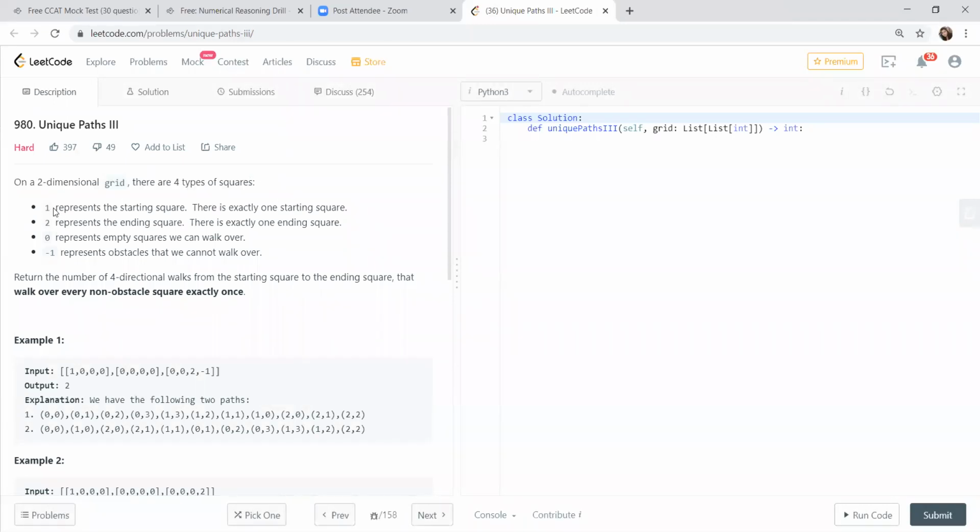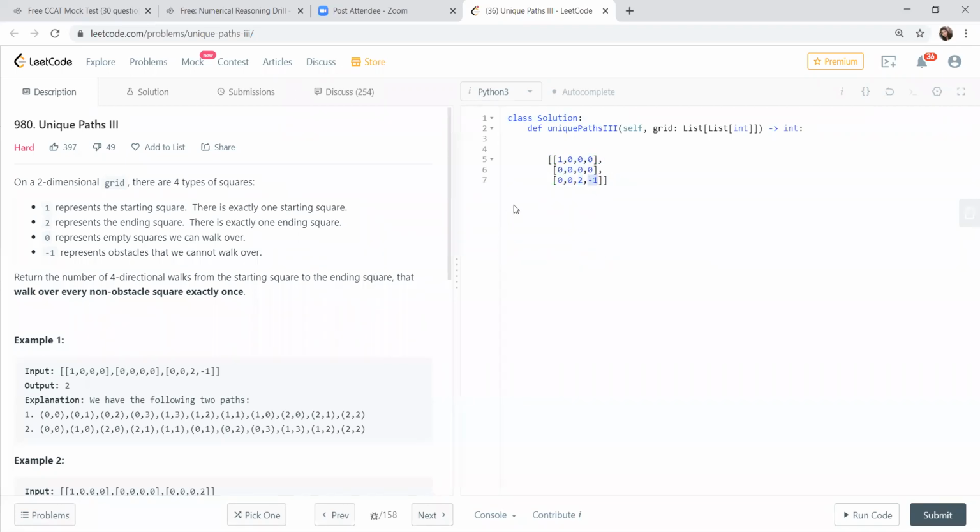So let's take an example of this. Here it is saying 1 is the starting point, 2 is the ending point, and 0 represents the empty squares, and -1 represents the obstacle that we cannot walk over.